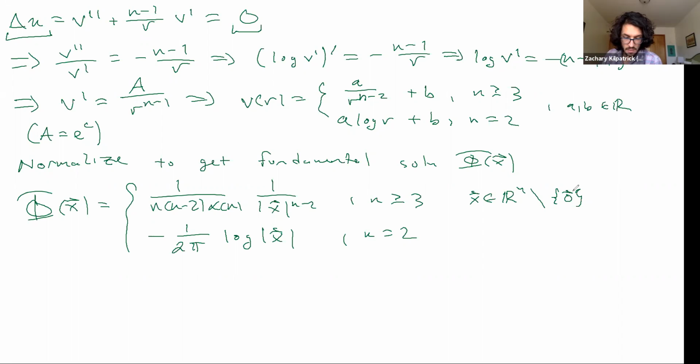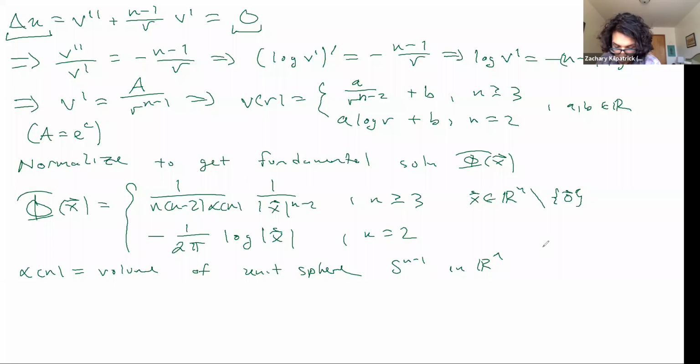Alpha n, let me define in a minute here. Alpha n is equal to the volume of the unit sphere S n minus 1 in Rn, okay? So for instance, alpha 2 is equal to pi, alpha 3 is equal to 4/3 pi r cubed, where r is 1 for the unit sphere.